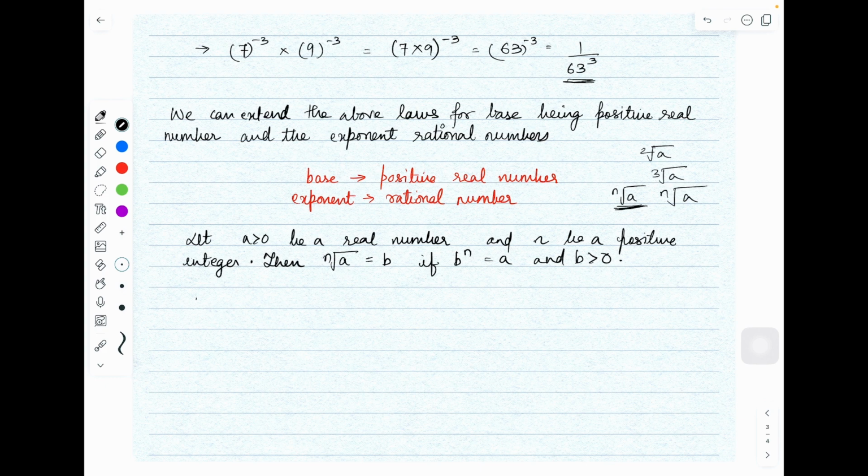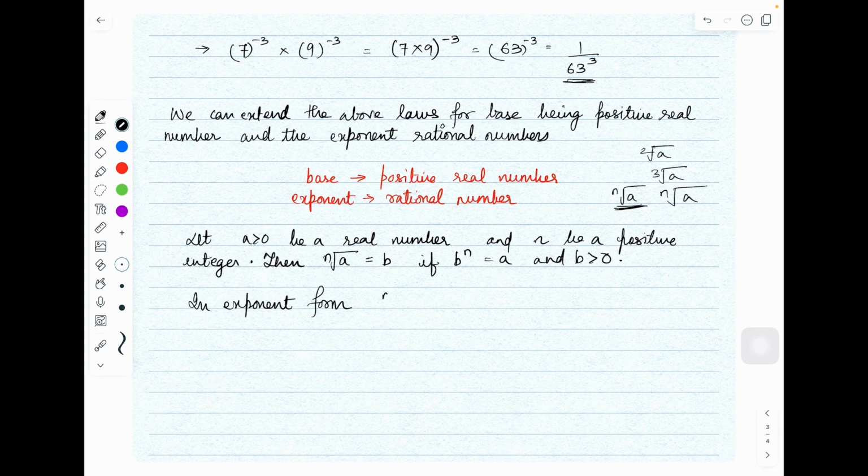Okay, so in exponent form, when the exponent changes sides, it becomes 1 by n. If n goes to this side, it will become 1 by n. It becomes the reciprocal actually. If the power goes to the other side, it becomes the reciprocal.